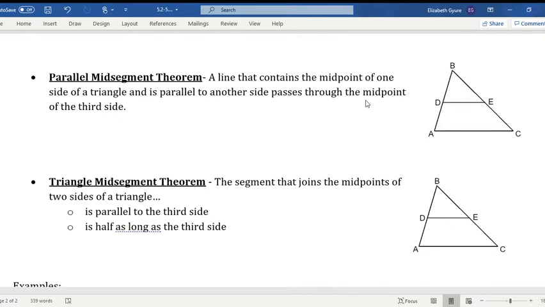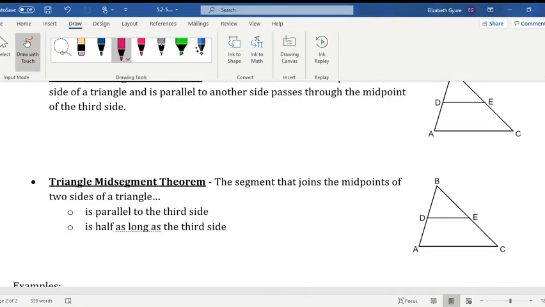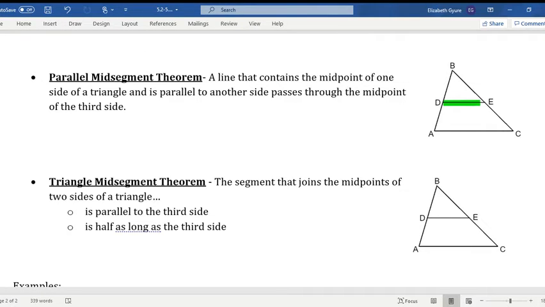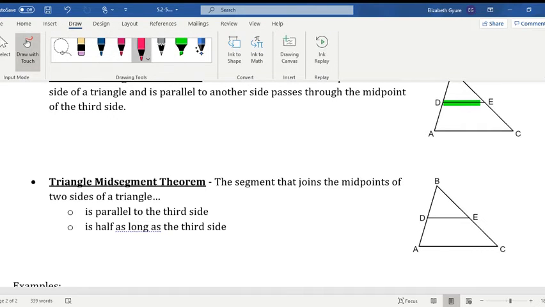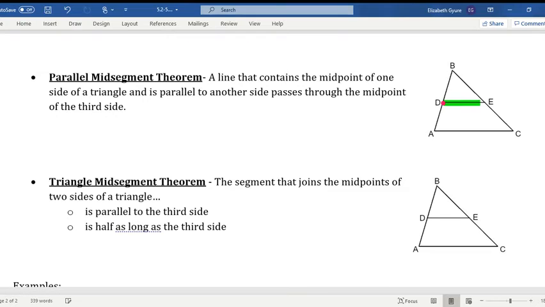So the phrasing on that's a little goofy, but what this basically means is if you have a segment, for example, DE, that contains the midpoint of one side, so for example, if we know D is the midpoint of side AB, and how would I know it's the midpoint? What would I see if D is the midpoint? What will I know? Nick?